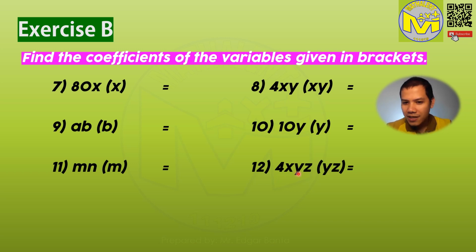Because yz are here, 4x are here, so just take it off, put it in here. So what is left? The 4x. And that's the answer. Good job. We are done in our exercise.